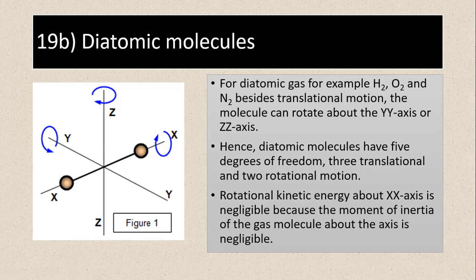Only ZZ and YY. XX no, the moment of inertia is too small. Oh, okay. So when it comes to rotation, the gas can only rotate about its own axis, for example Y means only Y. Is it? As long as the moment of inertia is large, then we can consider the kinetic energy.